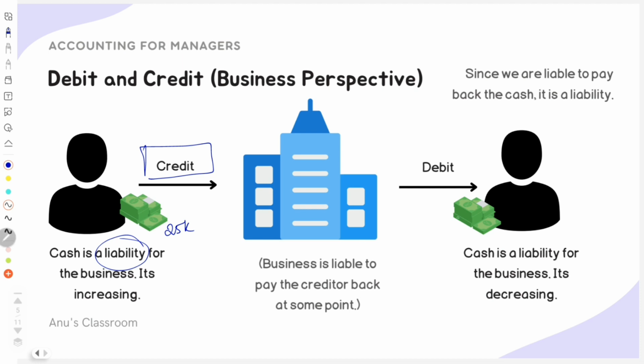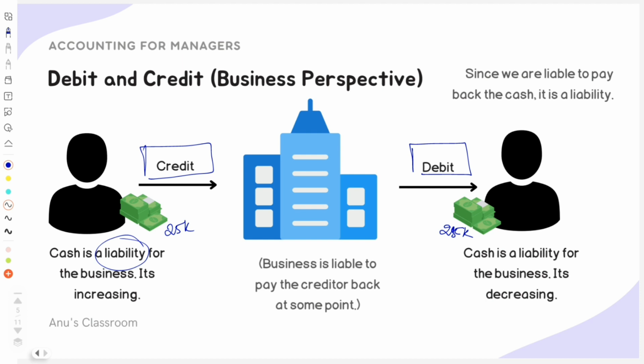But when that person takes back that 25k, when I finally give him back that 25k, then that liability for me is decreasing. Therefore, a decrease in liability will be debited. So this is the basic rule: an increase in asset should be debited, whereas a decrease in asset should be credited, and the opposite: an increase in liability will be credited and a decrease in liability will be debited.